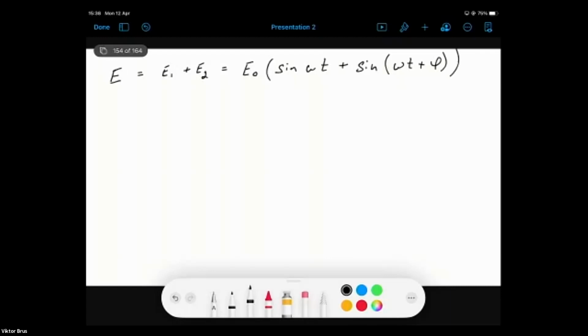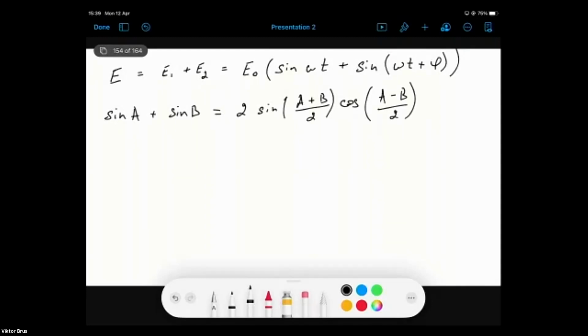So now we can use the following trigonometric identity in order to proceed further. If we have sine of A plus sine of B, that could be represented as 2 times sine of (A plus B) over 2 times cosine of (A minus B) over 2.